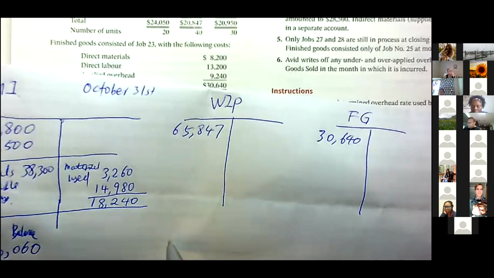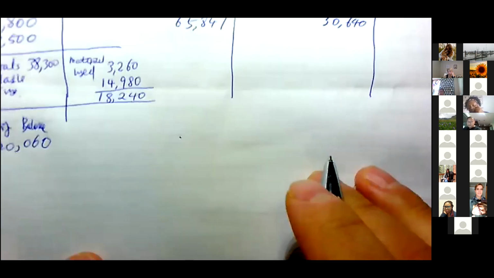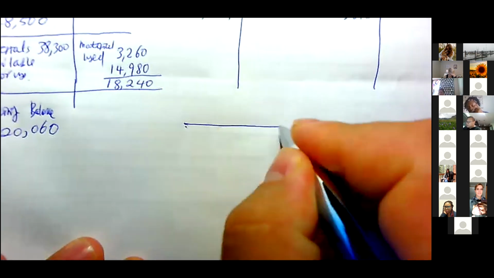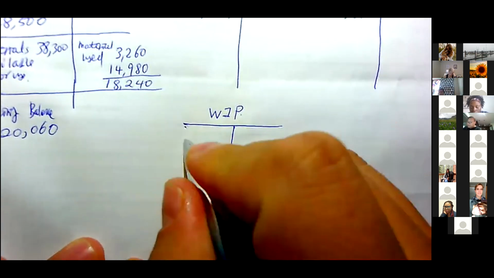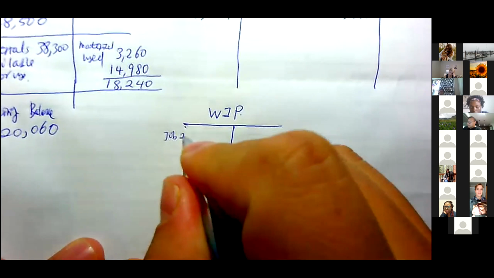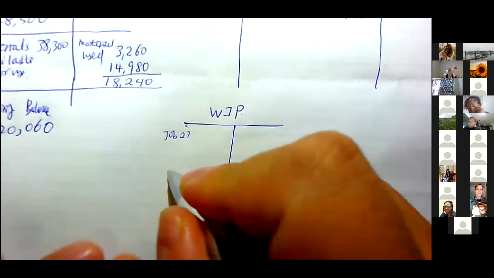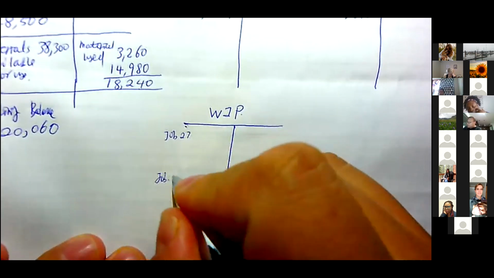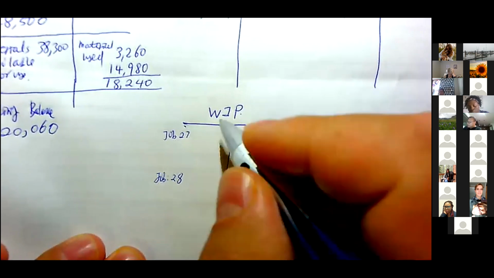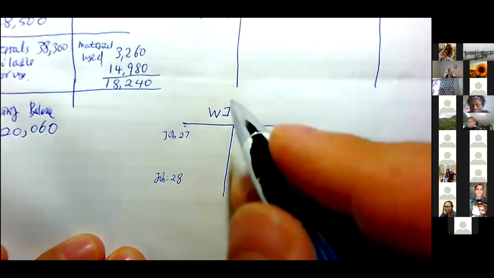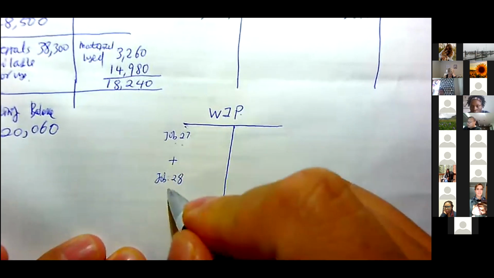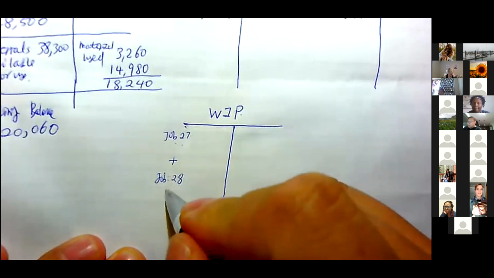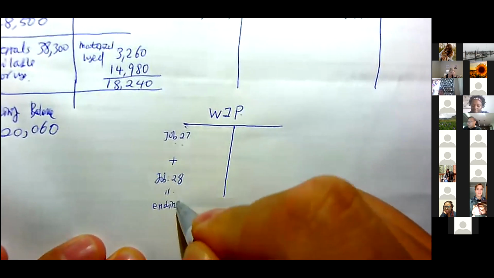So I will do work in process. For job 27 and job 28, these are the only things left for the ending balance. So how much is for job 27 plus how much for job 28? That would be my ending balance, because I only have these two left.